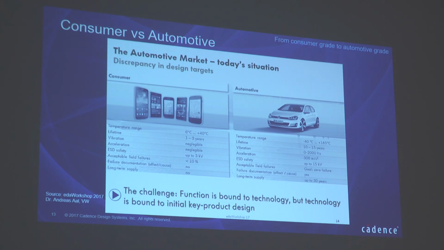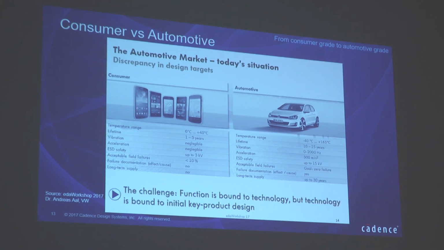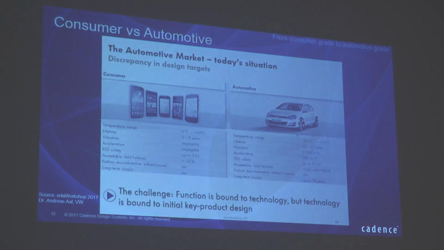Then ESD safety, acceptable field failures. So you see that the requirements are much stricter for automotive electronics than for consumer electronics. And this all has to be simulated, modeled, verified, so that it can be integrated into a car. Okay, next slide.